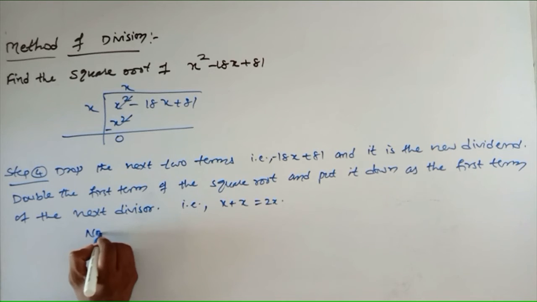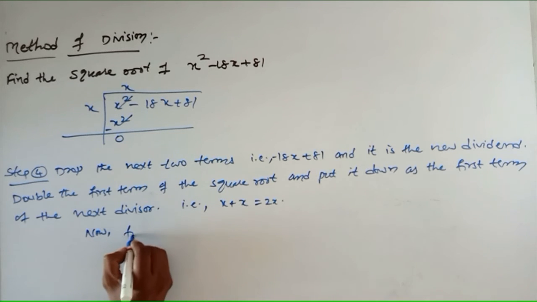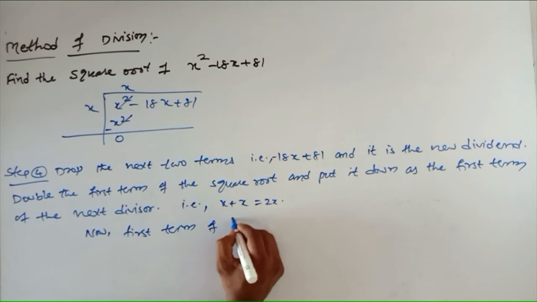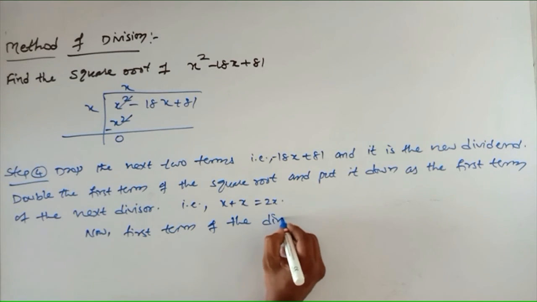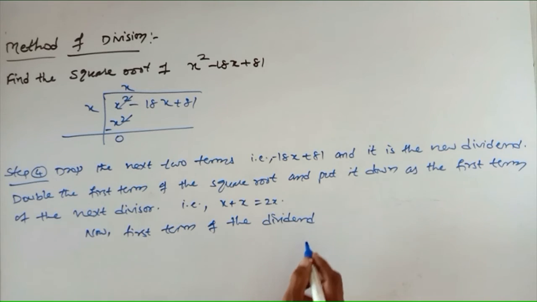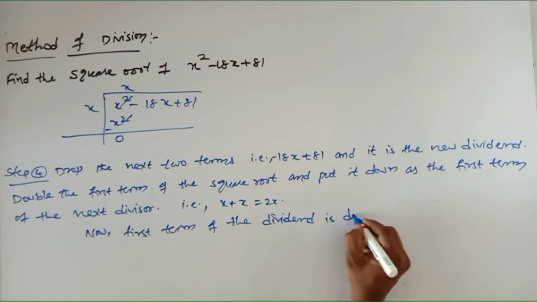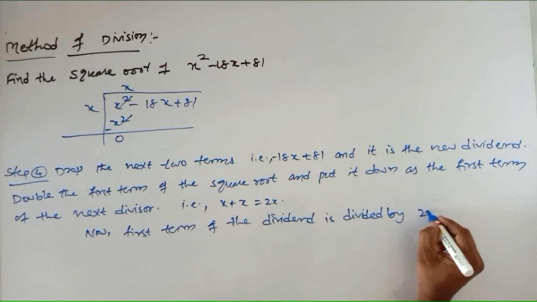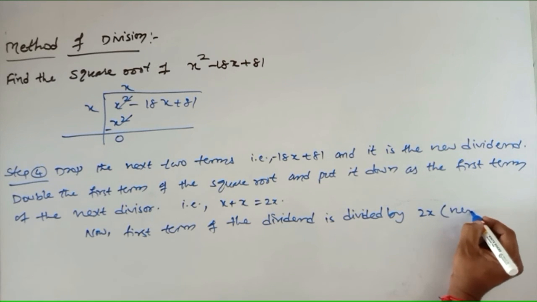Now the first term of the dividend is divided by 2x, that is the new divisor.